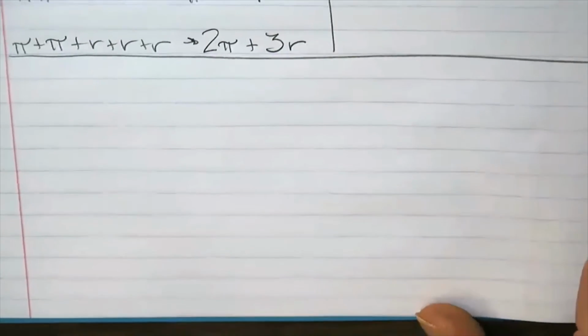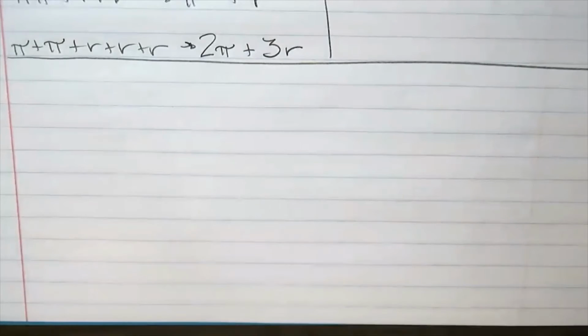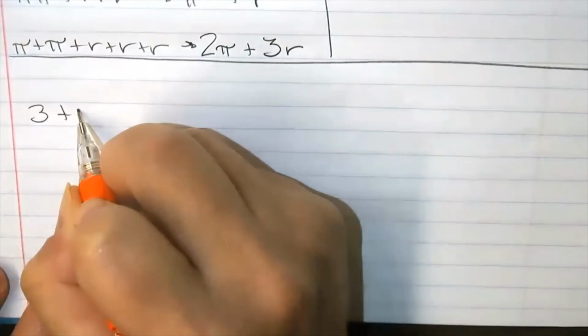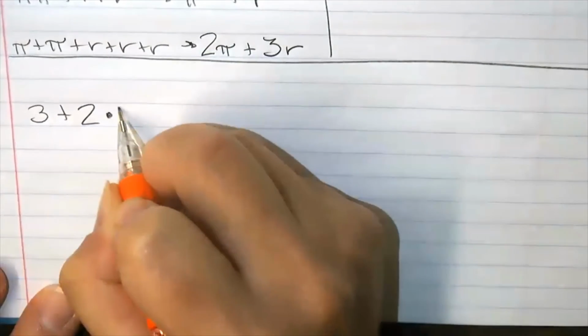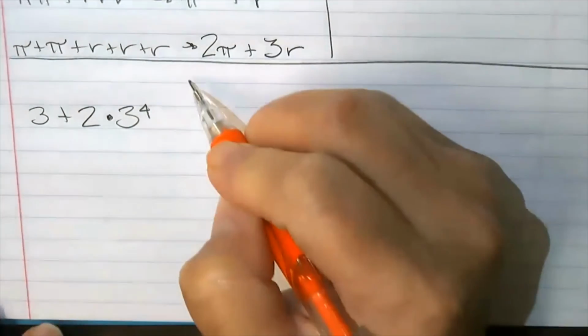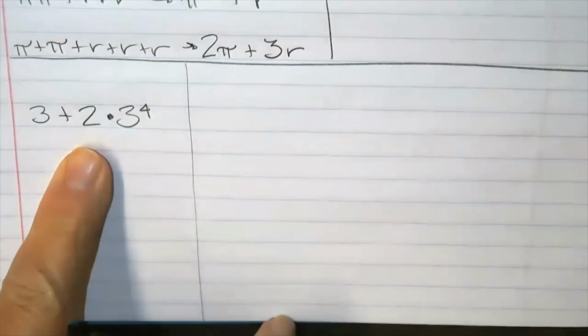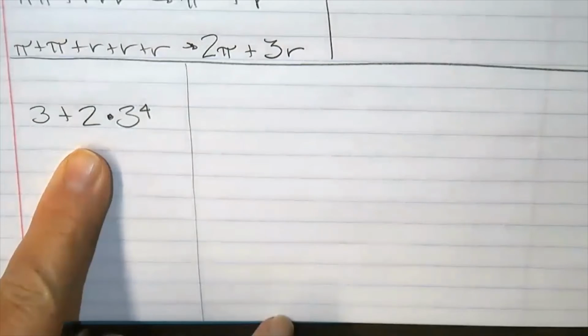So now let's put this to work. What does this mean? Well, we have 3 plus 2 times 3 to the 4th power. Now, I need to use the order of operations here.